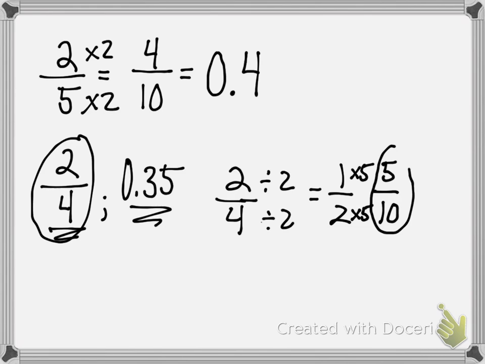So it's 5/10. What does 5/10 look like as a decimal? 0.5, because the 5 is in the tenths place. And remember what I said, 1/2 is always going to equal 0.5 or 0.50.